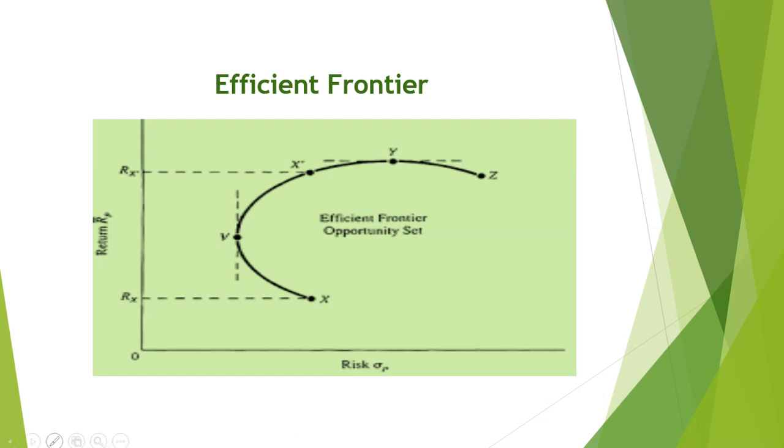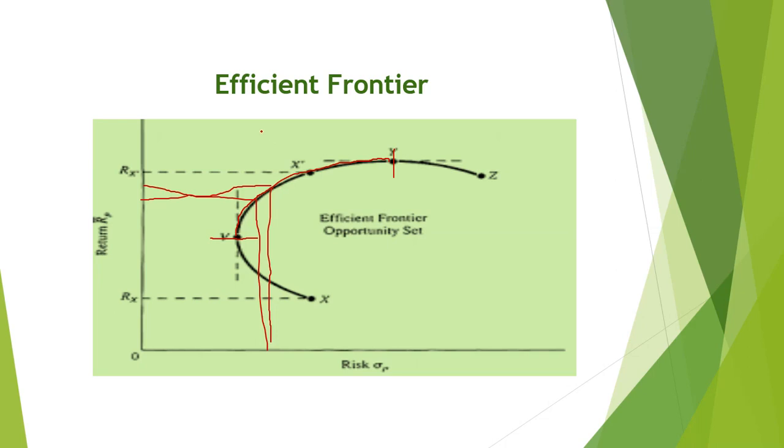This is an efficient frontier, up to this point. The rest is not an efficient frontier. This is the efficient frontier where, for a given level of risk, you optimize your return, or for a given level of return you minimize your risk.